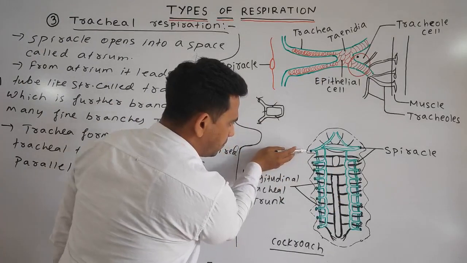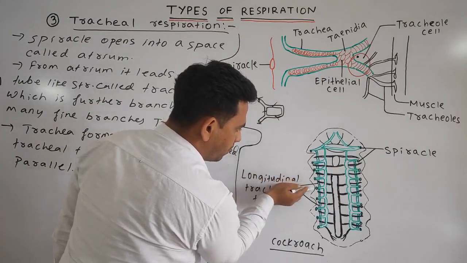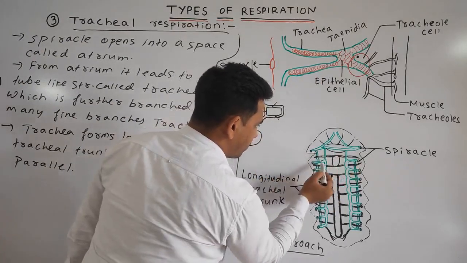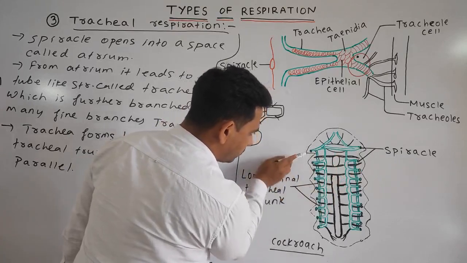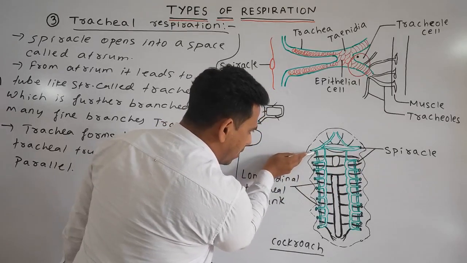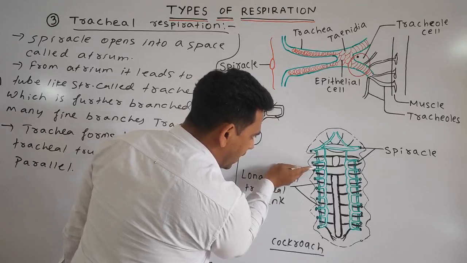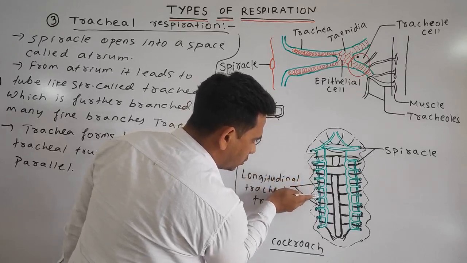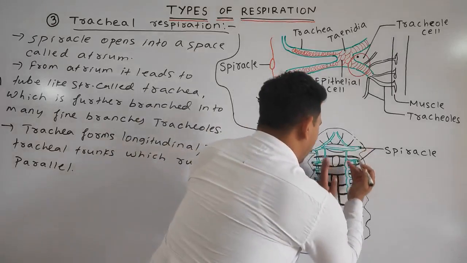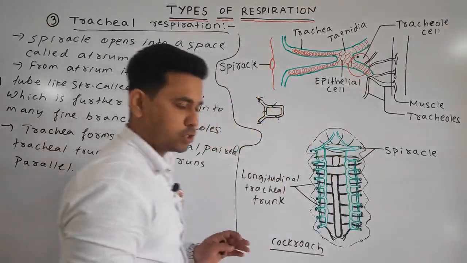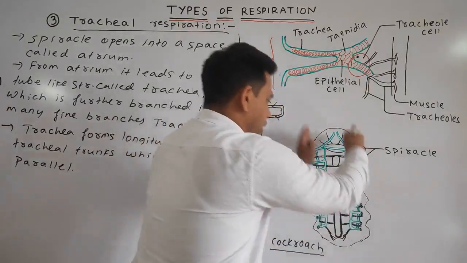See clearly, students, these are the spiracles, these are the trachea, and the trachea forms the longitudinal tracheal trunks, which are present in a paired form and are longitudinal in structure, and both are parallel to each other.